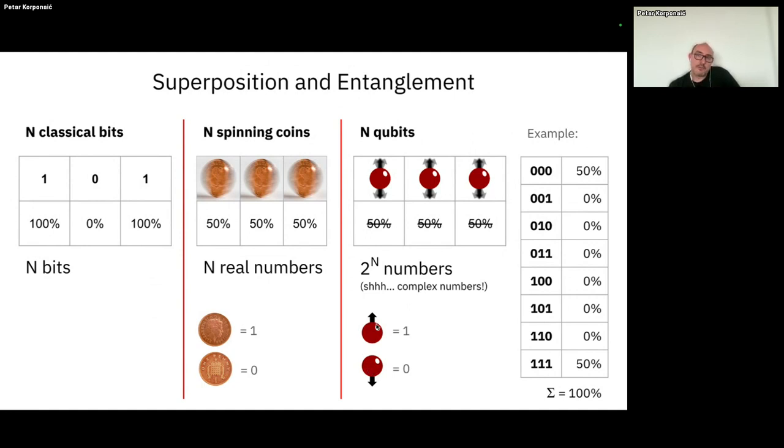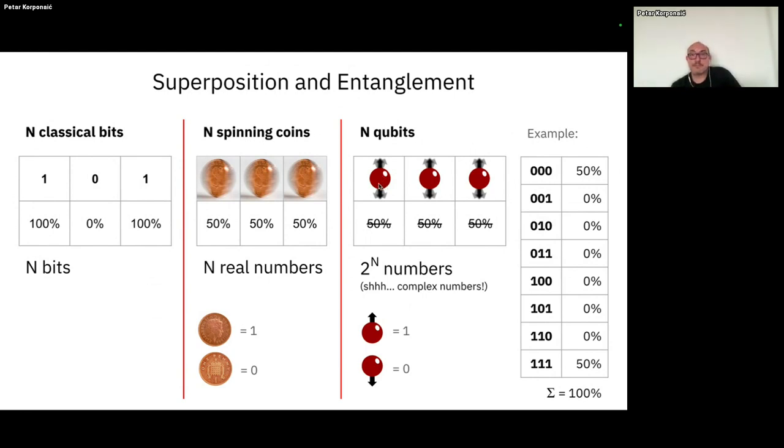This is a simplified explanation, but we can think about it as similar to a spinning coin. So let's say that we have an electron which is in superposition of spin up and spin down.